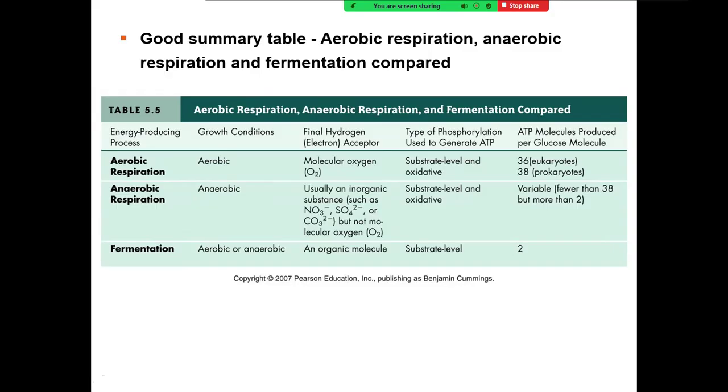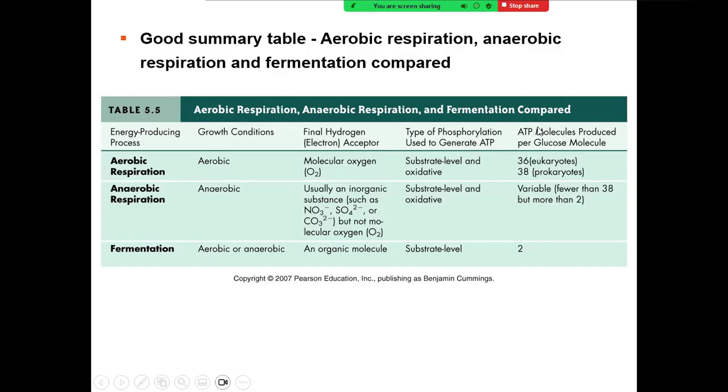The final electron acceptor for aerobic respiration is, of course, oxygen. The final electron acceptor for anaerobic respiration is a molecule other than oxygen. And then fermentation can happen under either aerobic or anaerobic conditions, and it uses an organic molecule as the final electron acceptor.